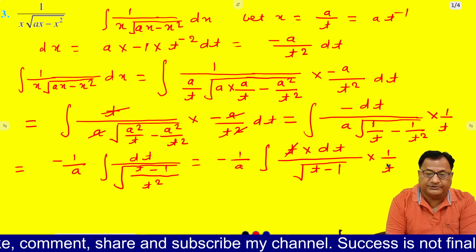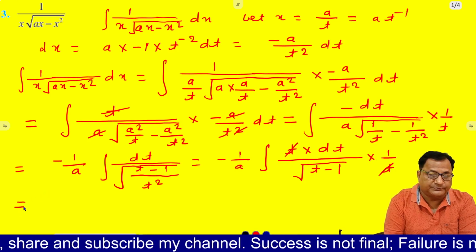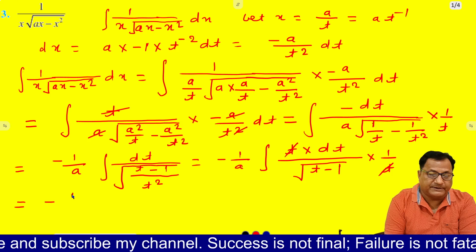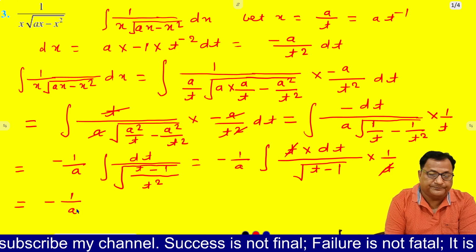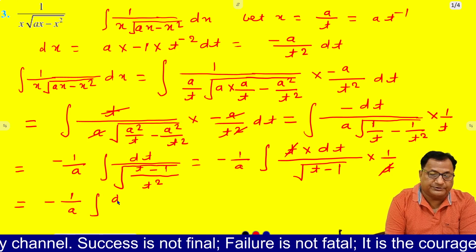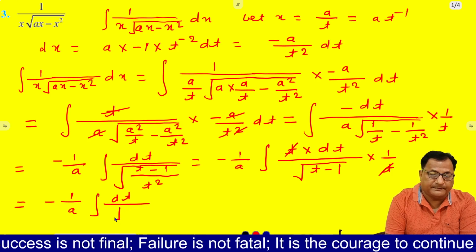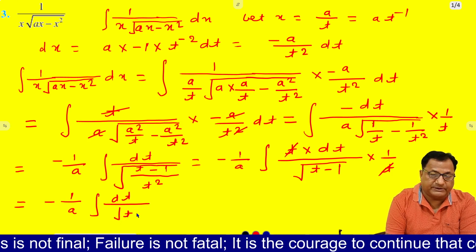So t and t will be cancelled. So this will be minus 1 by a dt by root of t minus 1.